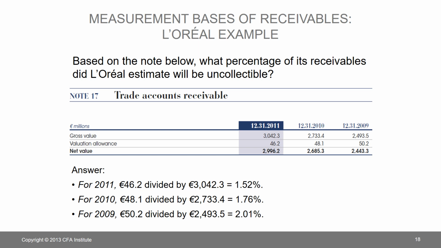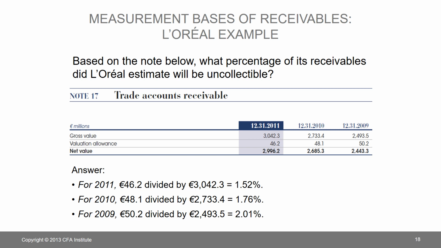In addition to these business factors, because the allowance is based on management's estimates of collectability, management can potentially be biased. Okay, so these estimates basically manipulate those estimates to affect their reported earnings.